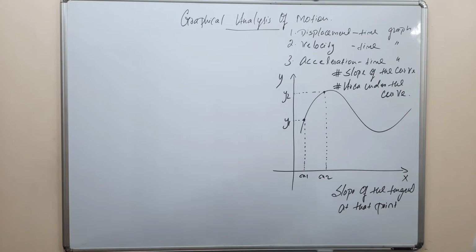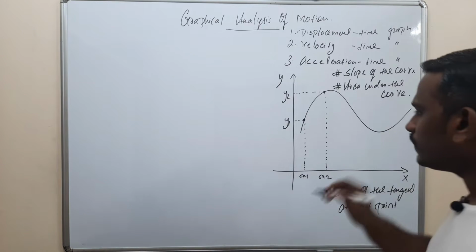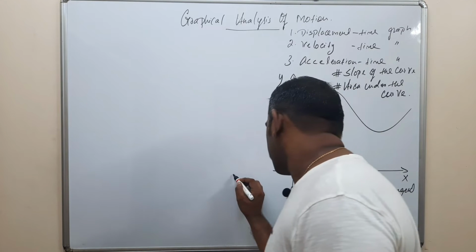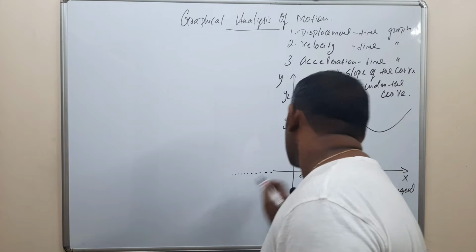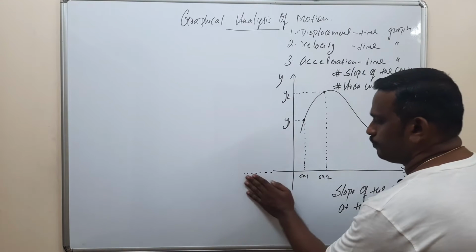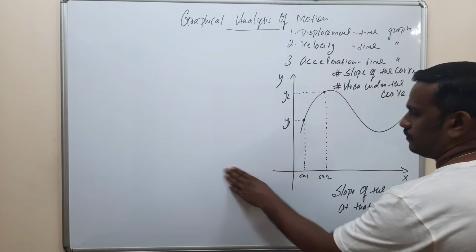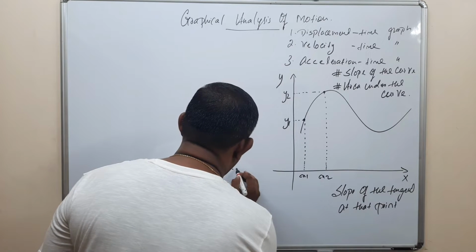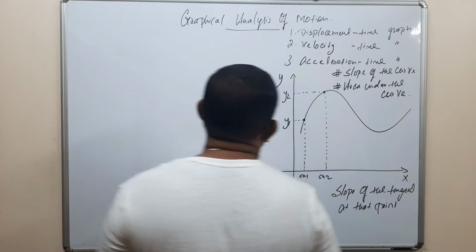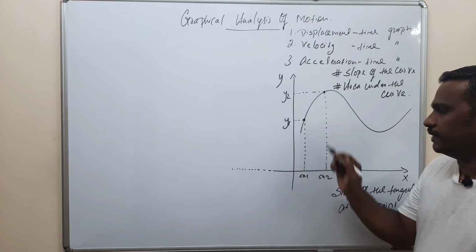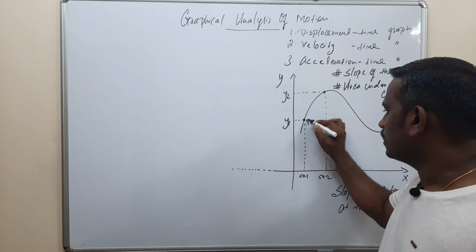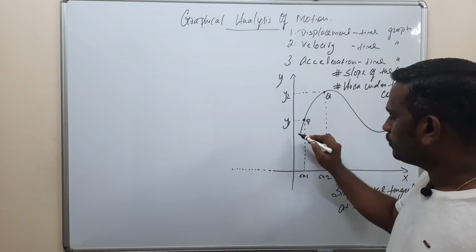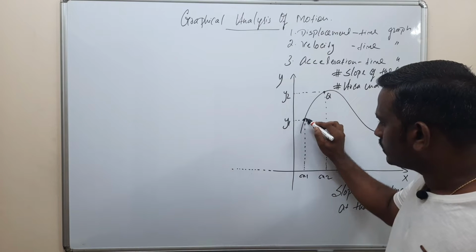Suppose if you want to find the slope of the curve at the point P. I am taking this point as P and this point as Q. Slope of the tangent at the point P means, draw a tangent.